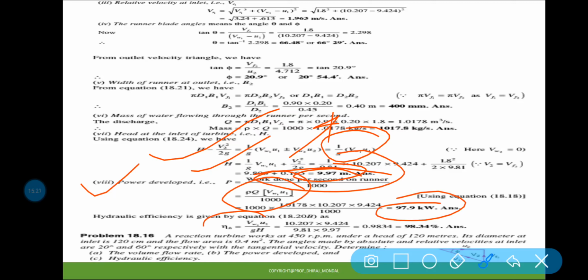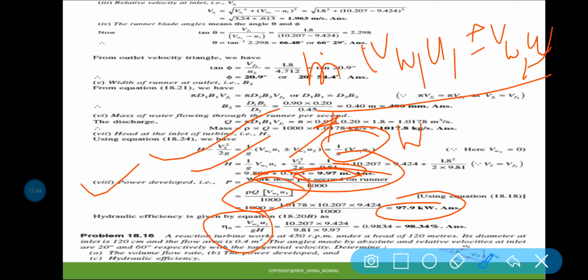And hydraulic efficiency, last one: you know that VW1 U1 by gH, because we know that hydraulic efficiency is output by input, and output is equal to mass flow rate into VW1 U1 plus minus VW2 U2, divided by water power. Power is W by 1000, and it is by 1000 also, so 1000 cancels out. W is equal to mg, so m and m cancel out.